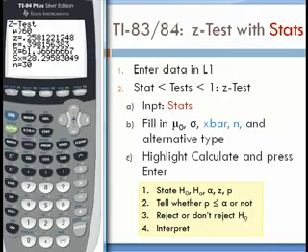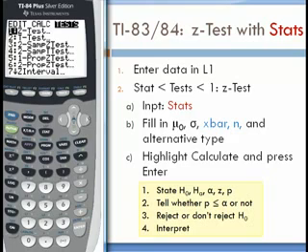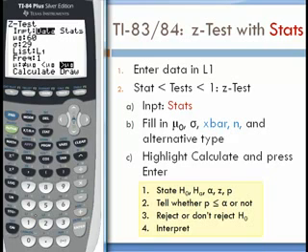Let's suppose we had the sample statistics. That means in this case the sample mean and the sample size. We wouldn't have to go through all that trouble of entering the data in that case. We could just go straight to Stat and scroll to the right to Test, and then choose option 1 because we're doing the z-test, one sample mean z-test, and we would choose the Stats option. Then we would scroll down to mu0, and that would be 60, and our population standard deviation, which we always have to have for the z-test, that's 29.